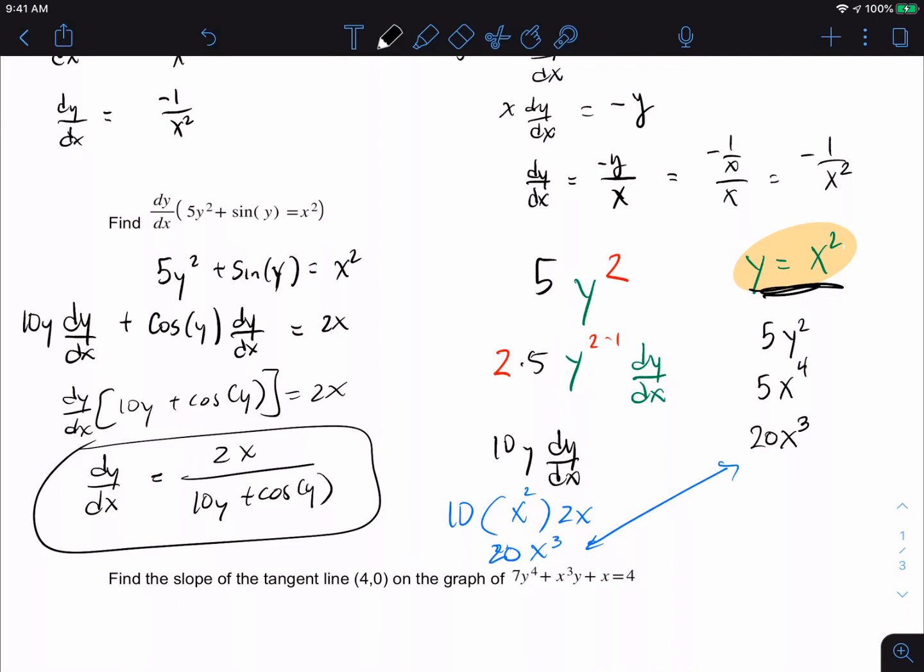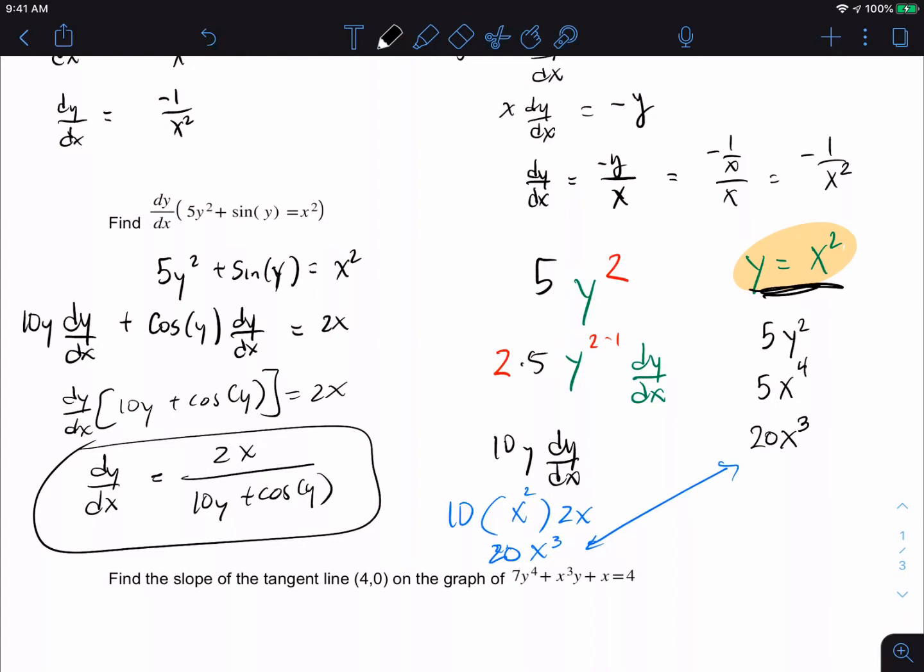My answer is going to have both x and y's in it, because this y variable that I have in here is really a substitution of a function in terms of x. Make sense?